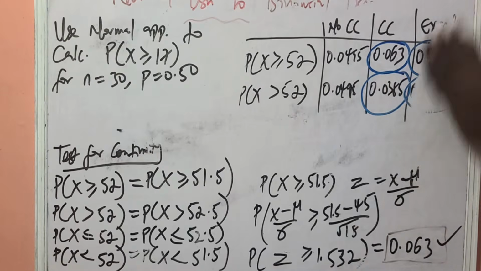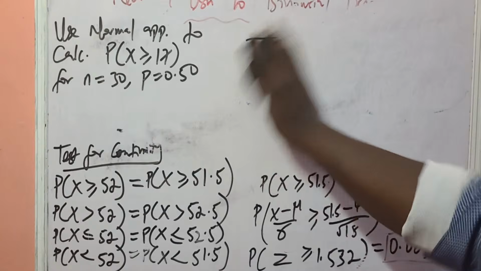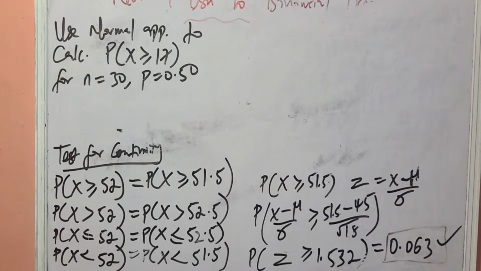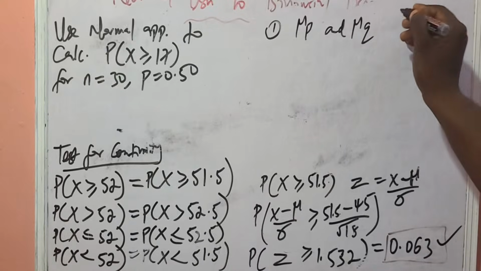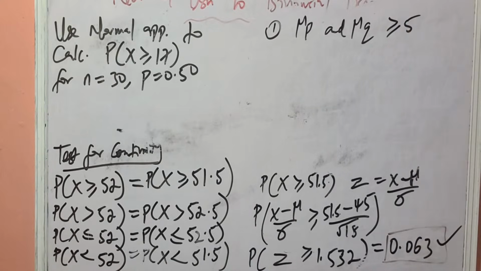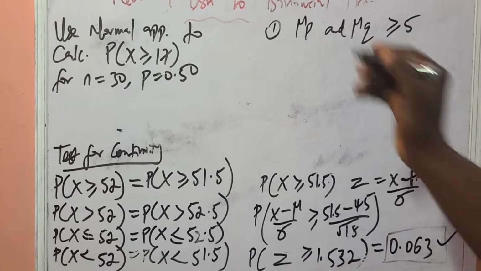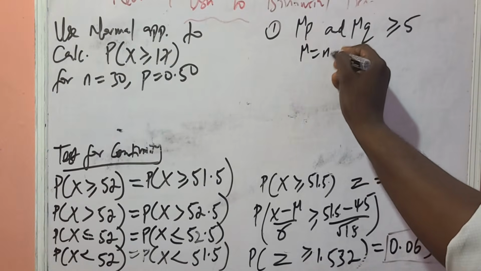Now, looking at what we have here, the first thing to do is to check. I'm sure you know step 1 is to check that this must be greater than or equal to 5. So your mean is equal to n times p.